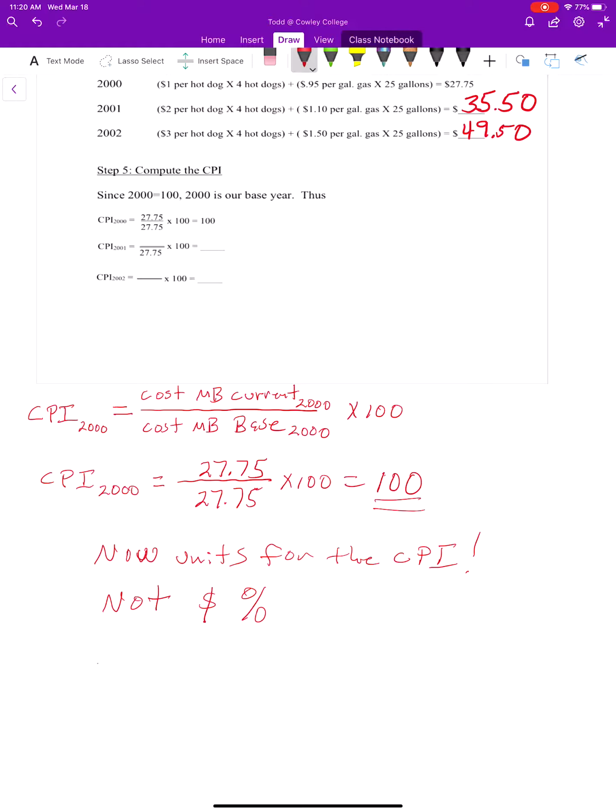And also, it is not a rate of change. I'm going to put that on here before I forget about it, and I'll explain exactly what that means a little bit later. So if I ask you, what is the Consumer Price Index for the year 2000, you would simply tell me the number 100.